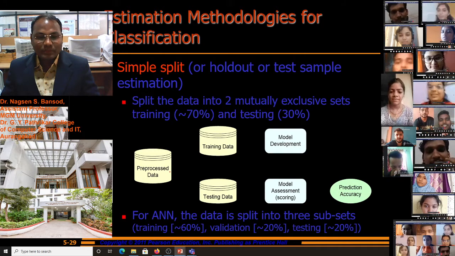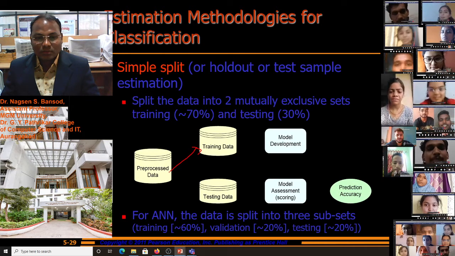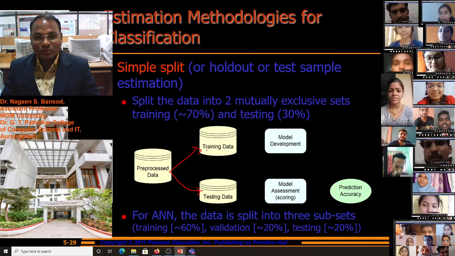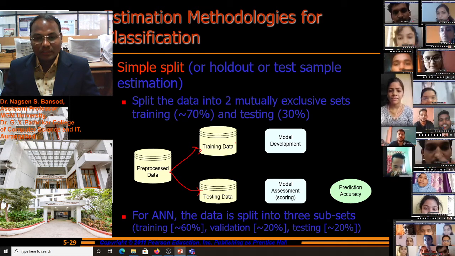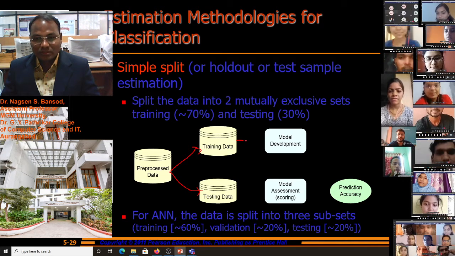We see the preparation of data into the training data set as well as the testing data set.